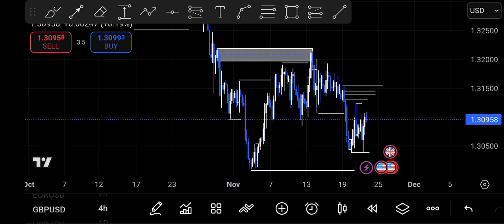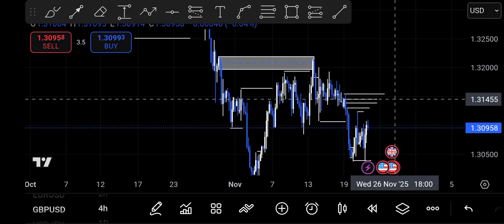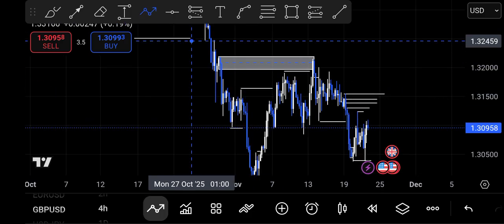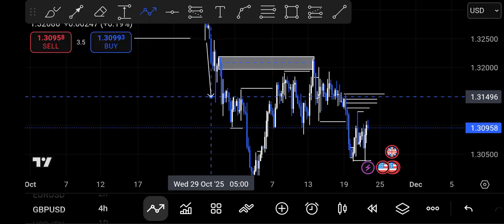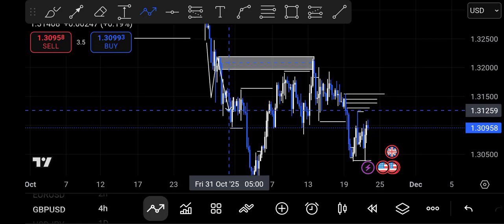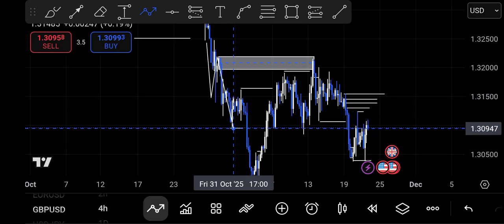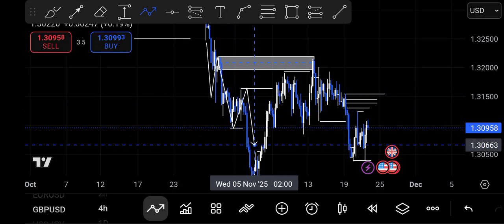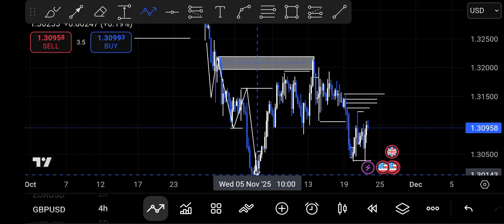So this is another POI, another structure to the downside, creates mini lower high, break structure to the downside, which gives us supply zone, first pullback, which could potentially cause liquidity in the future.